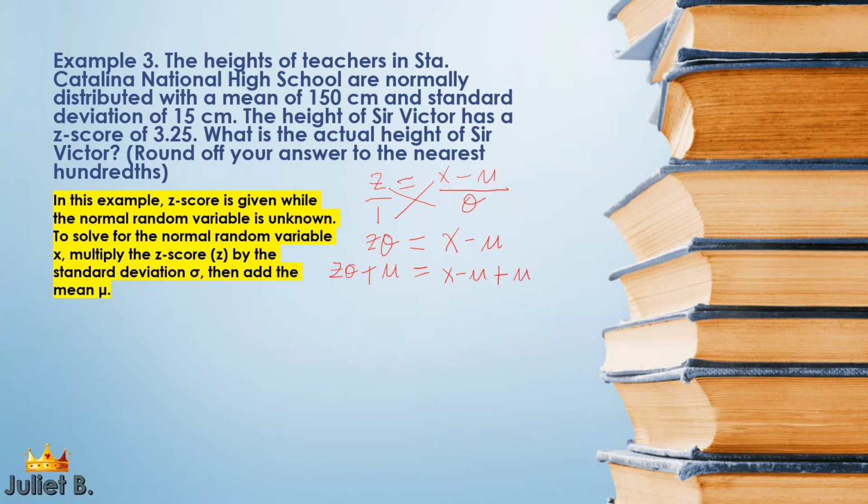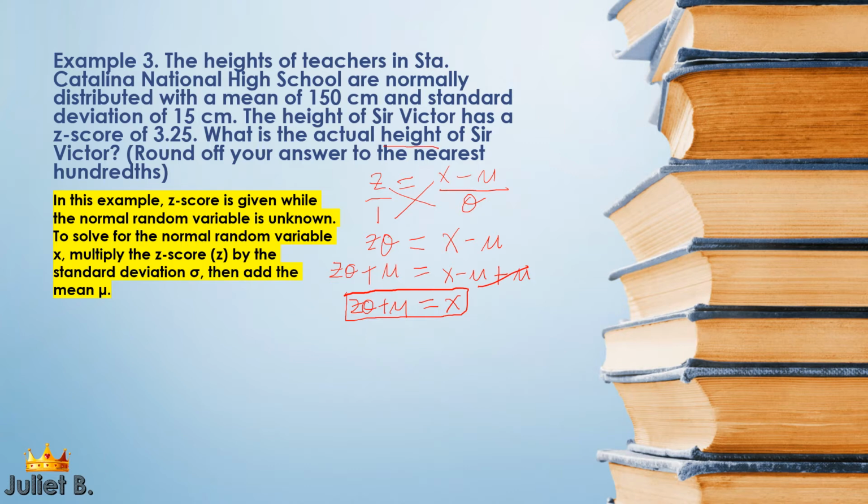Since negative mean plus positive mean is 0, what we have now is the value for the normal random variable x. That is equal to z times standard deviation plus mean. This will be the formula for finding the height of Sir Victor.